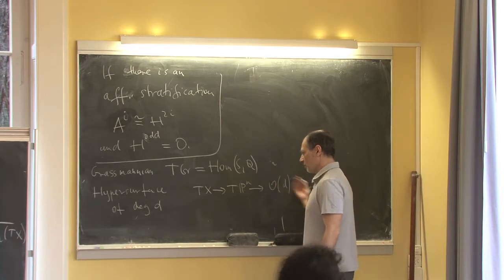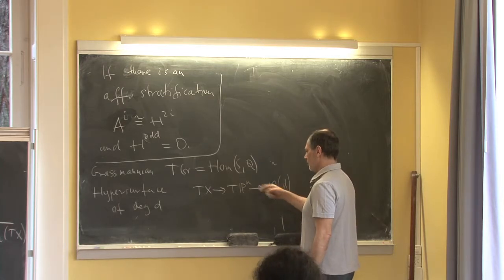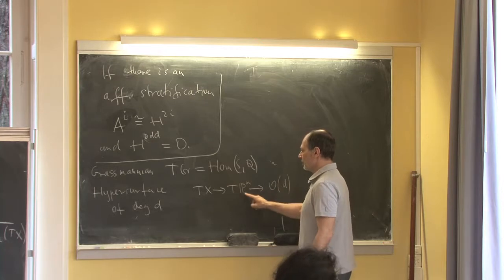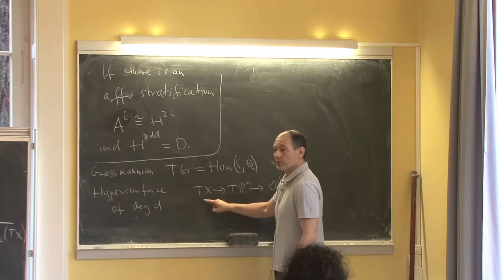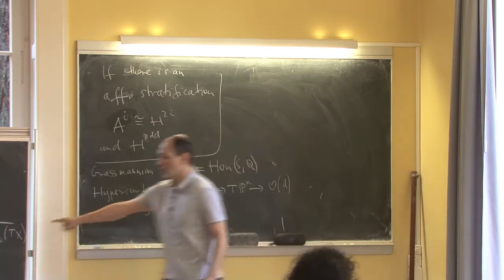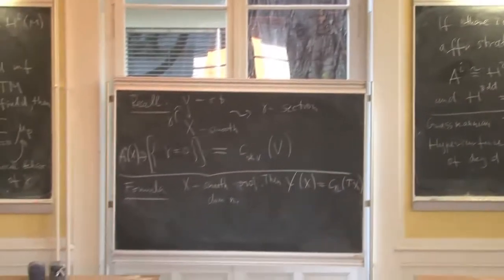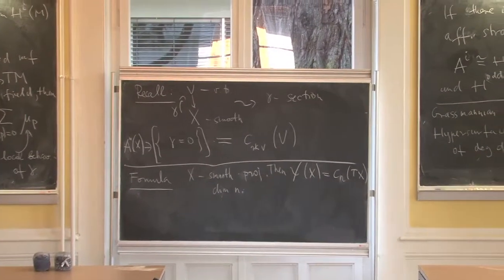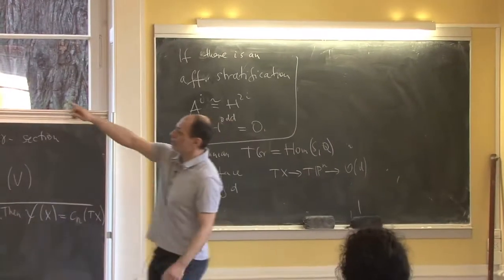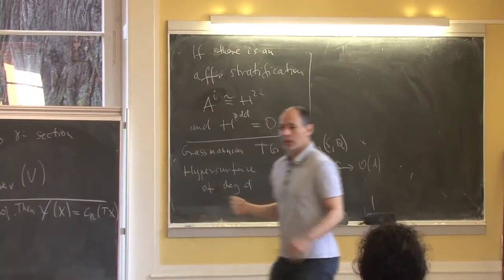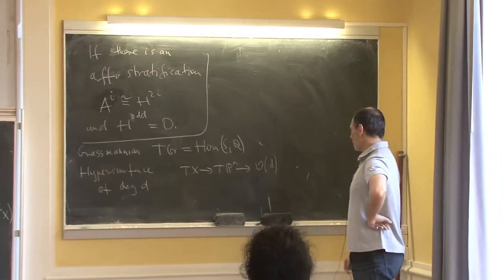So using this sequence, you'll be able to express the Chern classes of T_X, and you can make the calculation that you want. Okay? So these techniques allow you to calculate this, and so that allows you to calculate the Euler characteristic finally of these varieties.